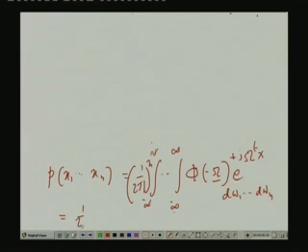So, 1 by 2 pi to the power n, minus infinity to infinity, dot dot dot, minus infinity to infinity, and phi omega e to the power, maybe I erase this here because it is getting a bit crowded, congested here. So, it is better I write it somewhere else.